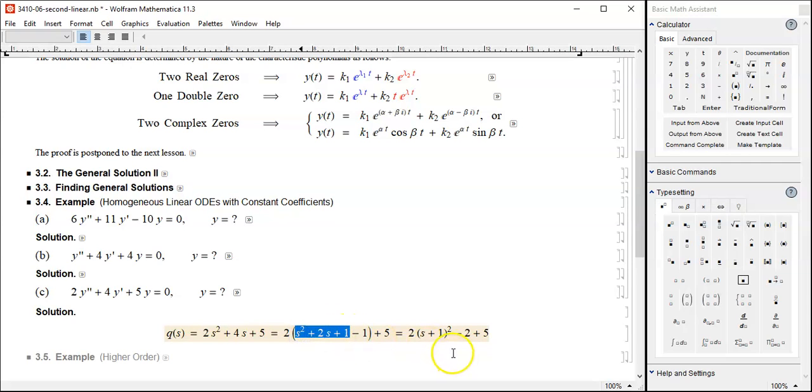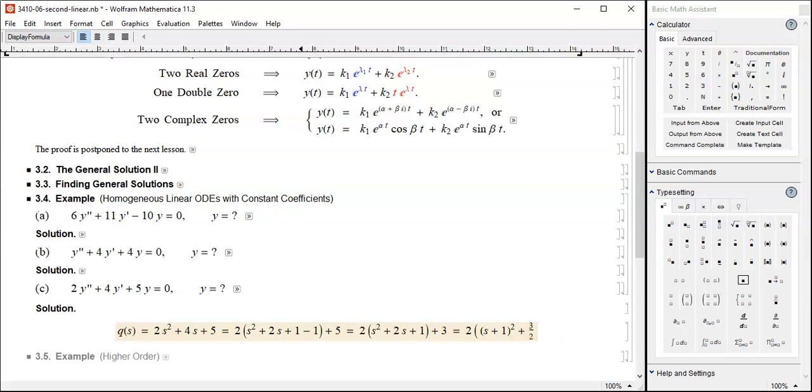No, I regret skipping a step. So this is plus 3. So this can be written as, let's say this is s plus 1 total quantity squared. But then again, I want this 2 factored all the way outside. So we get this. Okay, we are ready.